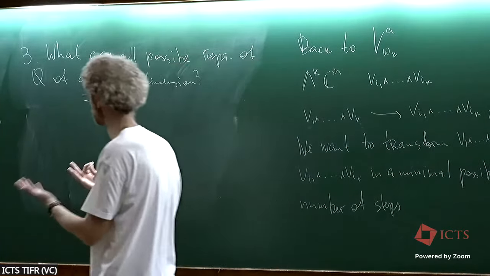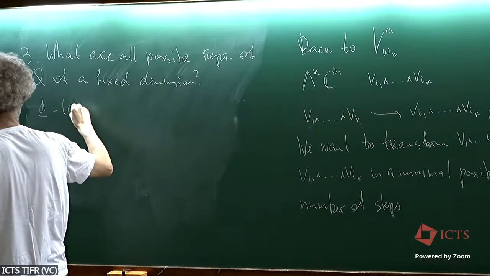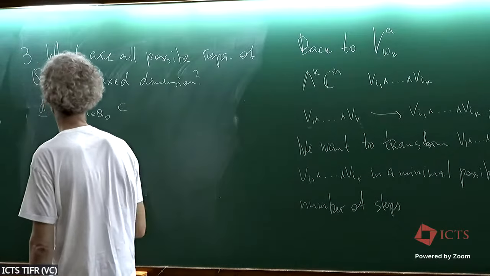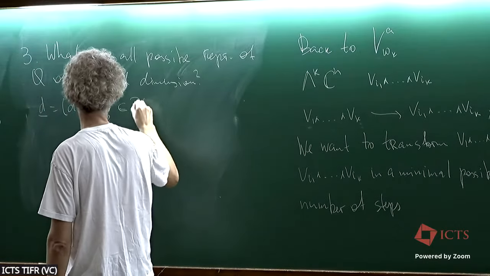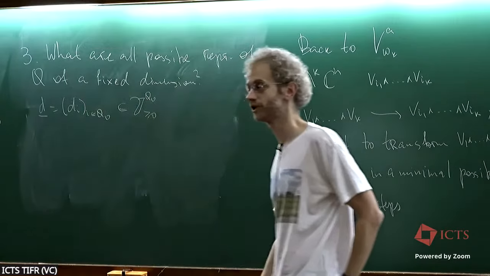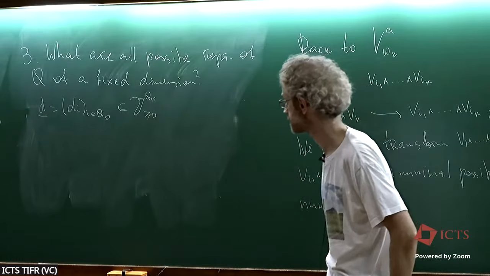So what do we need to fix? We have d, which is a collection of numbers d_i, i from Q_0, an element in Z greater or equal to 0 to the Q_0. To each vertex, we attach a number. This is going to be the dimension of our representation.